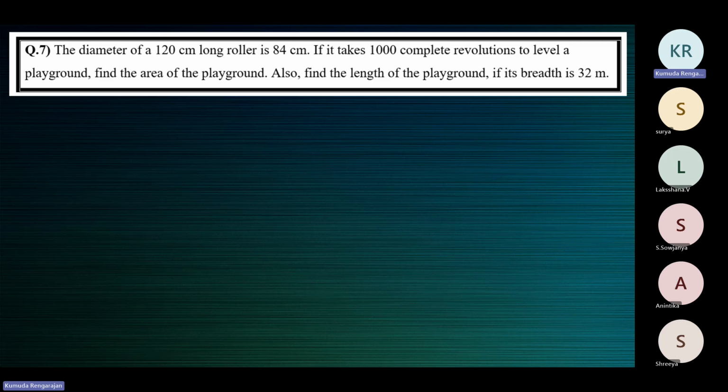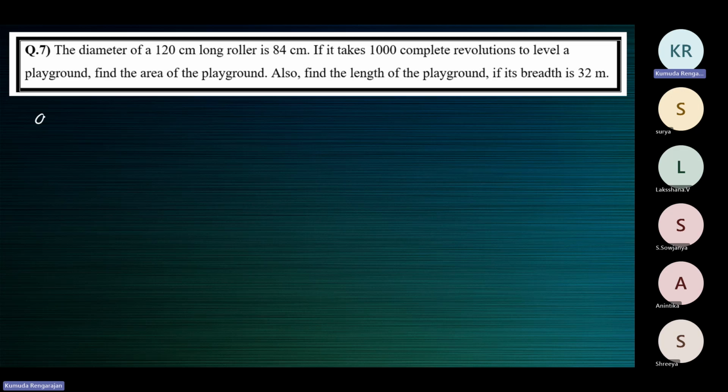The area of the playground is the area covered by the roller in 1000 revolutions. What is the area covered in one revolution? CSA. In 1000 revolutions, 1000 into CSA will be the area of the playground.